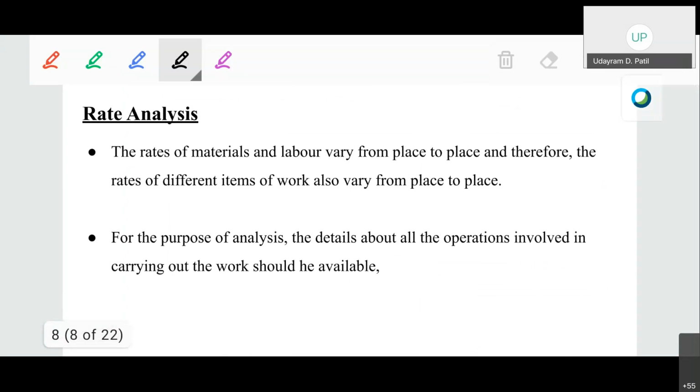The rates of the materials and labors may vary from place to place, and therefore the rates for the different items of work also vary from place to place. As we already discussed, the rates of the labors will be different from site to site. In the case of Jalgaon, if we consider the main city, the rate might be higher, like 350 rupees or 360 rupees per cement bag.